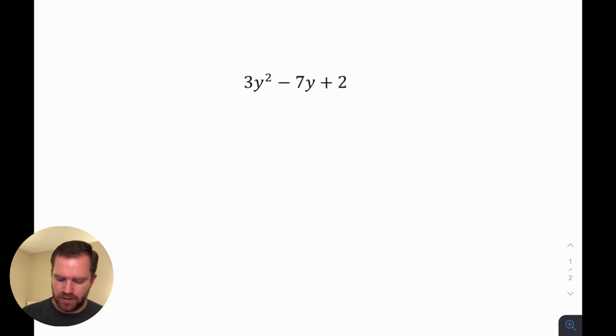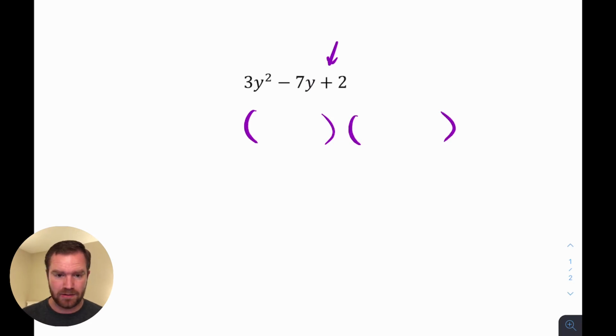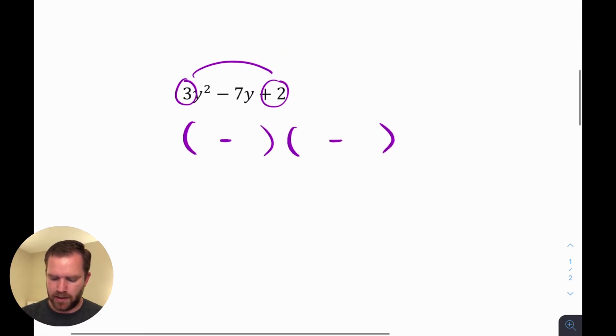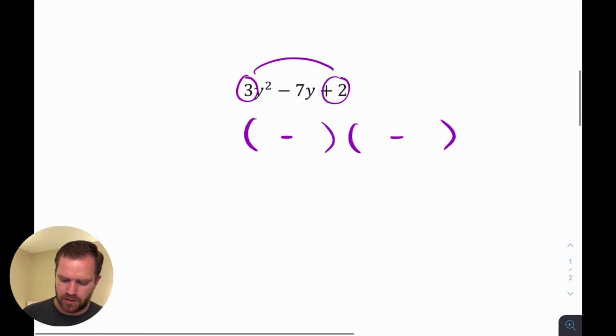We have to do the little bit of extra work that we did before. However, what we do know about our two groups, since the back term is positive, is that we're going to have the same signs in here. So the back term is positive, the middle term is negative, so that means we're going to have two negatives. So how would you approach this? Well, again, take the leading coefficient and take your constant and multiply them.